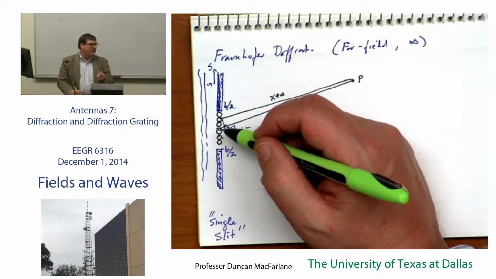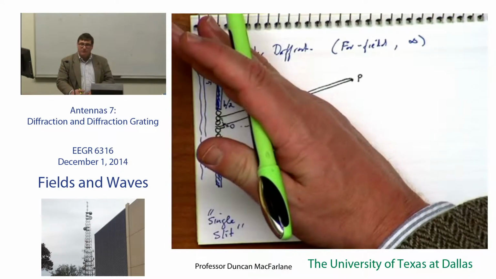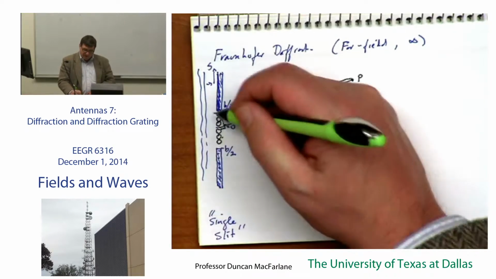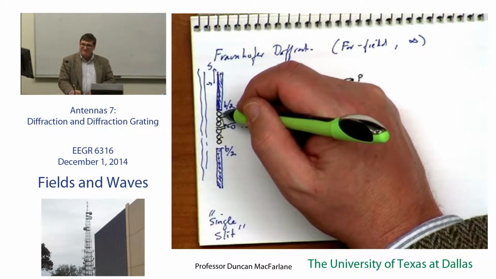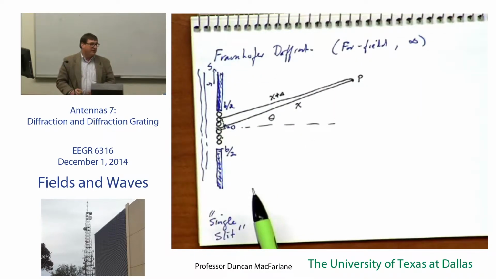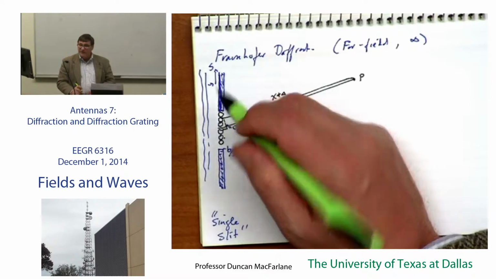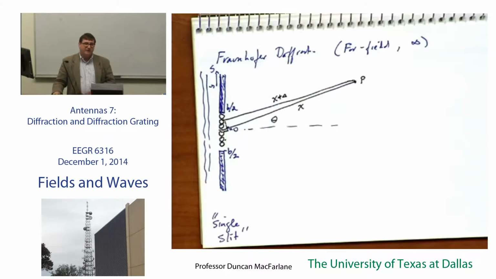But that doesn't have to be that way. If I came in with a plane wave at an angle from below, these guys would fire ahead of these guys. So if I adjust the phase, I'm going to steer the beam, steer the output of this aperture. I could also come in with more light on the sides than in the middle, or more light in the middle than on the sides.